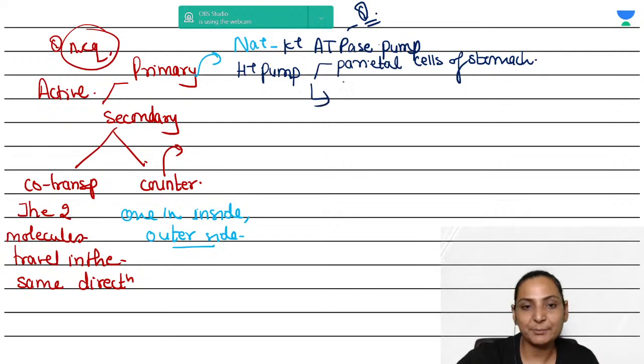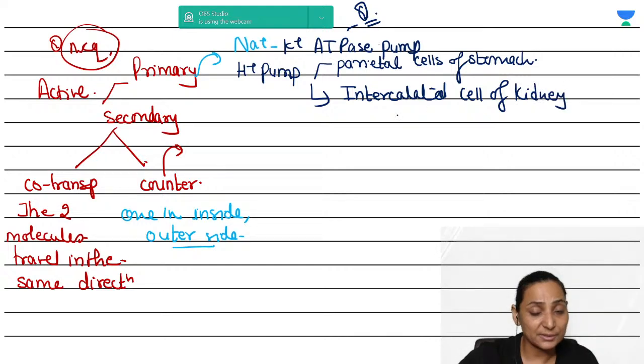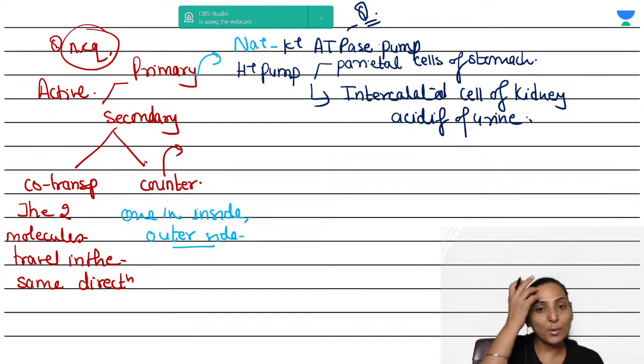Another example is the presence of this hydrogen pump in the intercalated cells of the kidney, wherein it is responsible for the acidification of urine. So two important sites, and again these become MCQs for us.